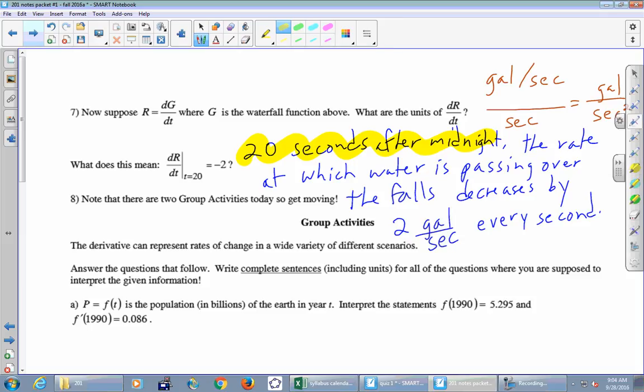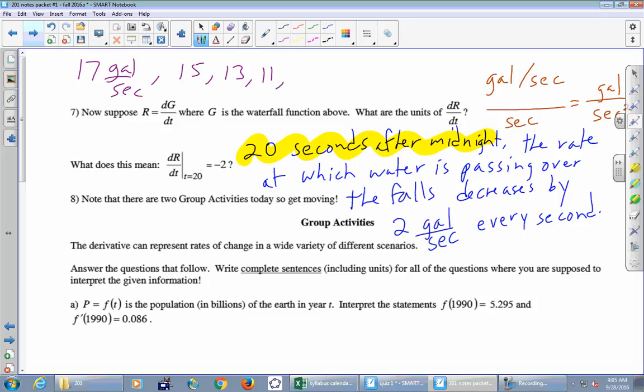So for example, suppose that at some point the flow is, I don't know, 17 gallons per second, just at one moment in time. So if this were the reality and it was just constantly negative 2 gallons per second change every second, then what would be the flow 1 second later? 15, and then 13, and then 11, et cetera, right?